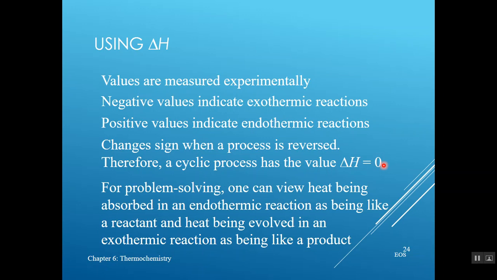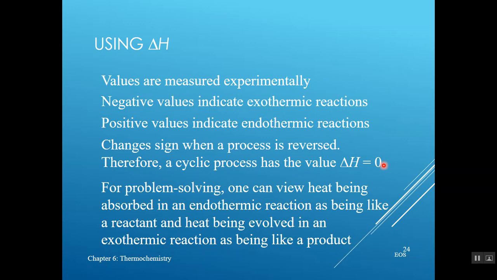So we're going to see some examples of this later on. Basically what this is saying is that in an endothermic reaction, delta H, or the heat change, can be seen as a reactant, and in an exothermic reaction we can treat it as a product like any other chemical for the purposes of calculations.